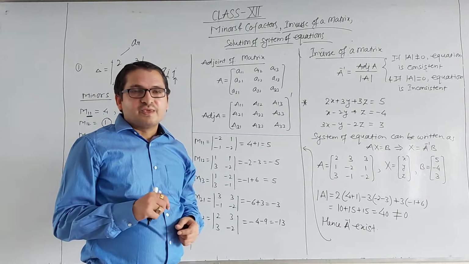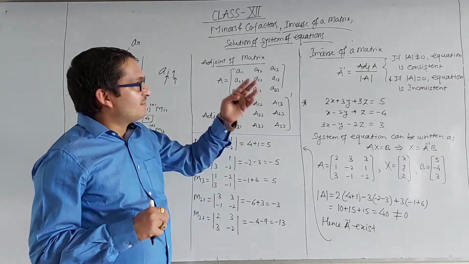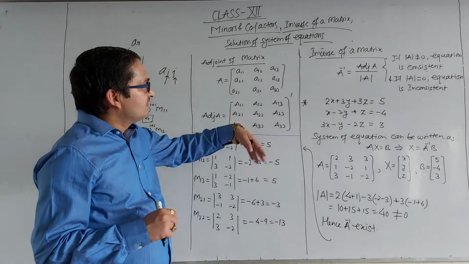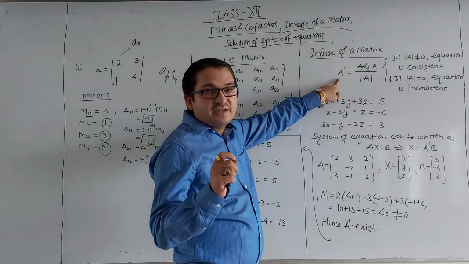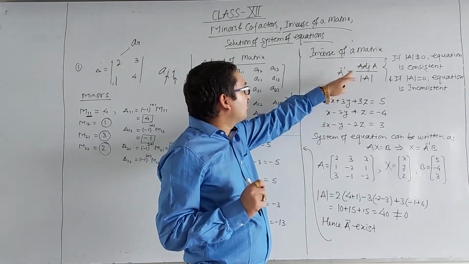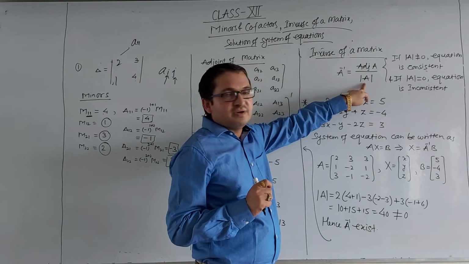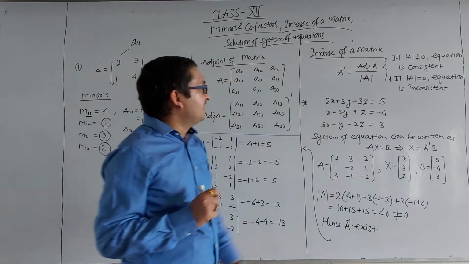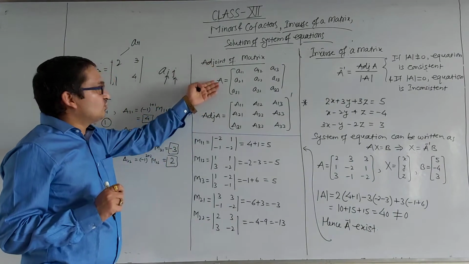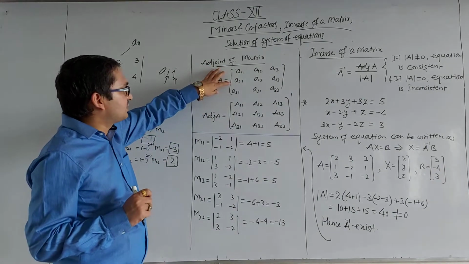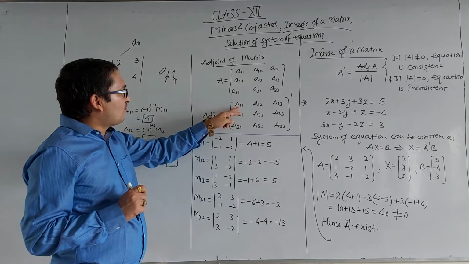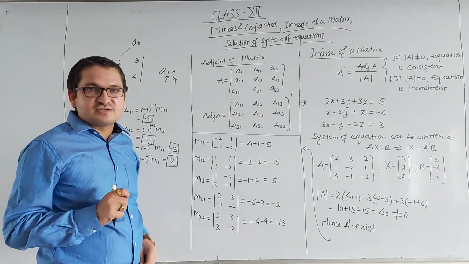The first one we have done with the help of elementary operations. This is the second method: if you want to find the inverse of any matrix, you have to apply this formula, A inverse equals adjoint A upon determinant of A. What is the adjoint A? If a matrix is given, you need to find the minors and cofactors.